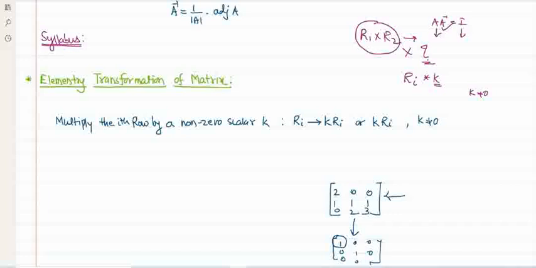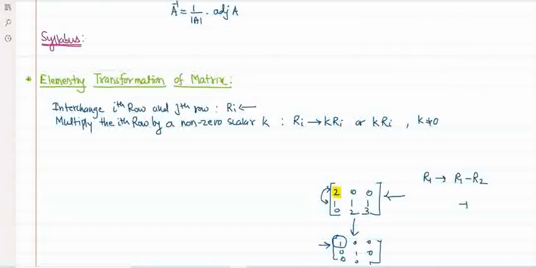This transformation is denoted either as Ri interchange to Rj or Rij. I am using the second notation. This is the first elementary transformation.